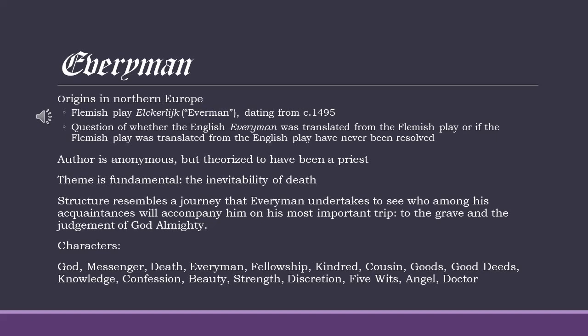So the characters are God, Messenger, Death, Everyman, Fellowship, Kindred, Cousin, Goods, Good Deeds, Knowledge, Confession, Beauty, Strength, Discretion, Five Wits, Angel, and Doctor. So let's assign those, and then before we start, a five-minute pre-quiz to see where we are at before we continue with our lesson.